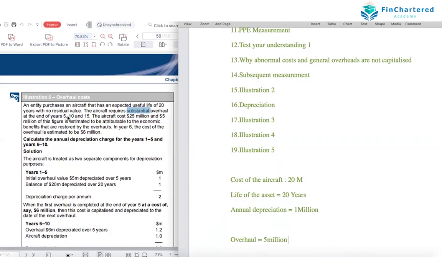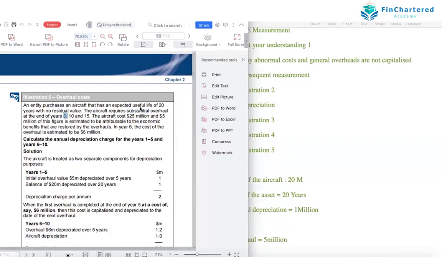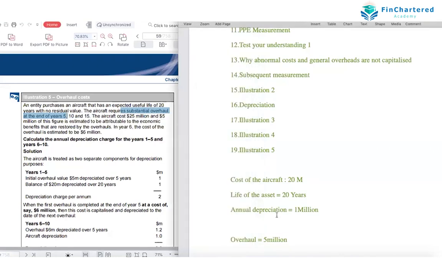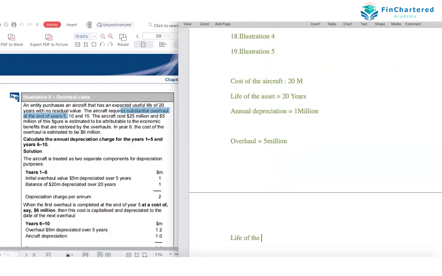The first overhaul is for 5 years. See, the question says the aircraft requires substantial overhaul at the end of 5, 10, and 15 years. So the overhaul happens every 5 years. It's like saying the life of the overhaul. I mean, there is no such thing as life of the overhaul, but the validity of the overhaul is 5 years. For 5 years, I will depreciate.